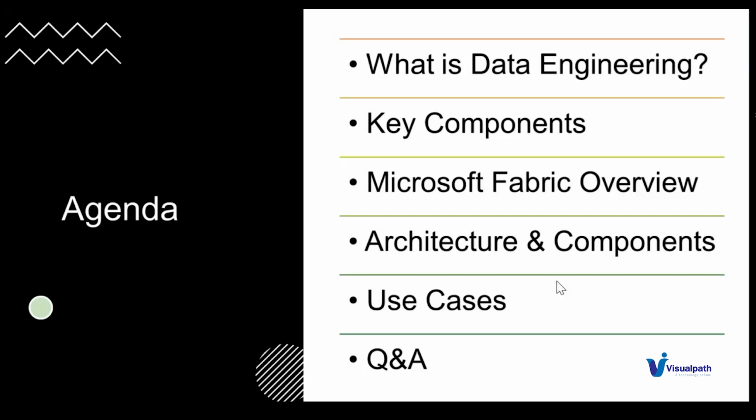I'm not talking about Fabric yet. We are gathering the data from multiple sources and pushing it into one place, and then we are doing some kinds of cleansing and some kinds of transformation, and then we are making the data business ready. So this whole process, getting some junk data and making it usable as business-specific data, is called data engineering.